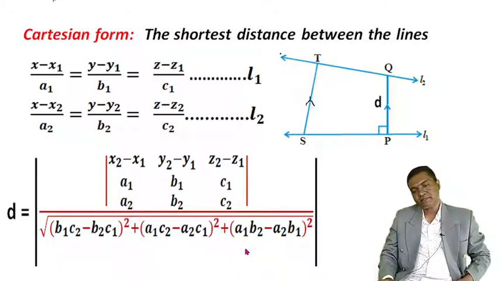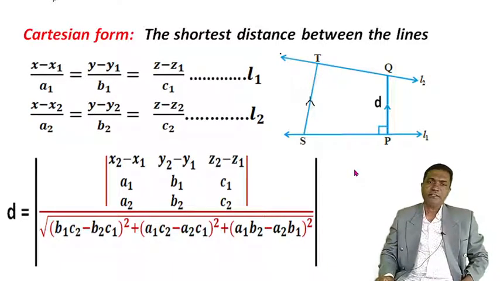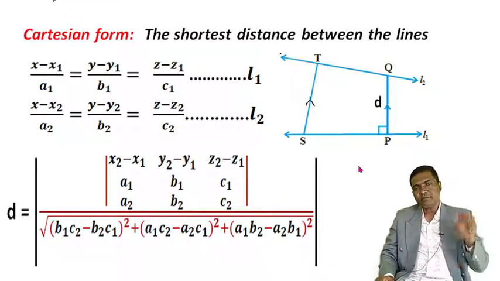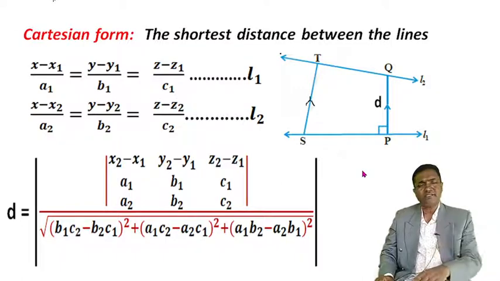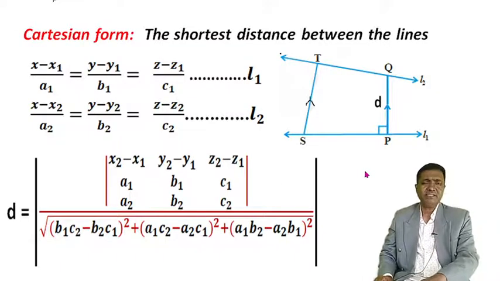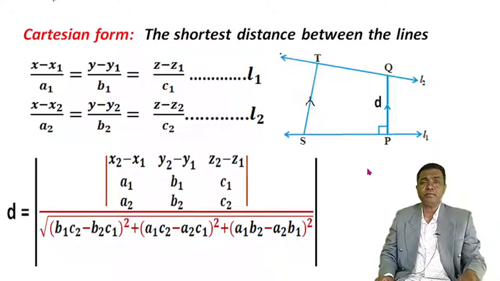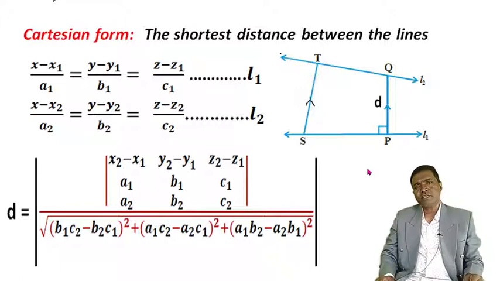So remember this. We'll be doing some examples on this, and from the point of view of examination you may get one problem on this. Derivation is not going to be asked, I think, because there are so many other important derivations. So concentrate much more on the problems part.